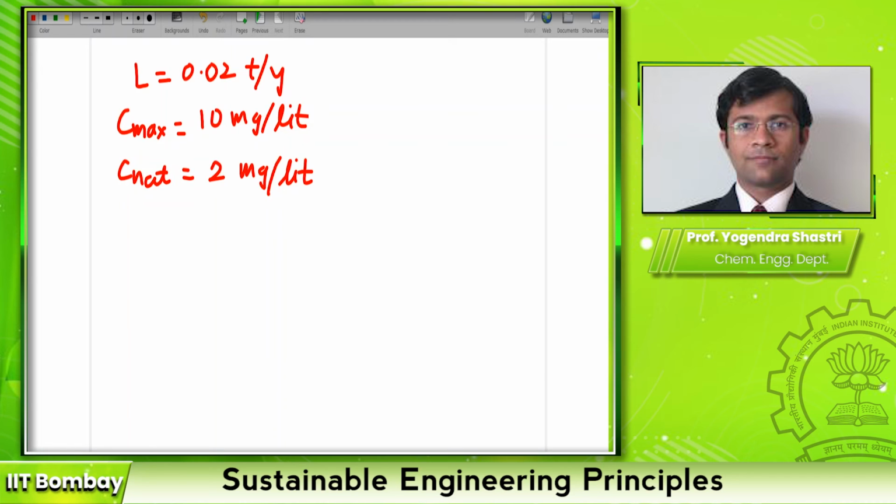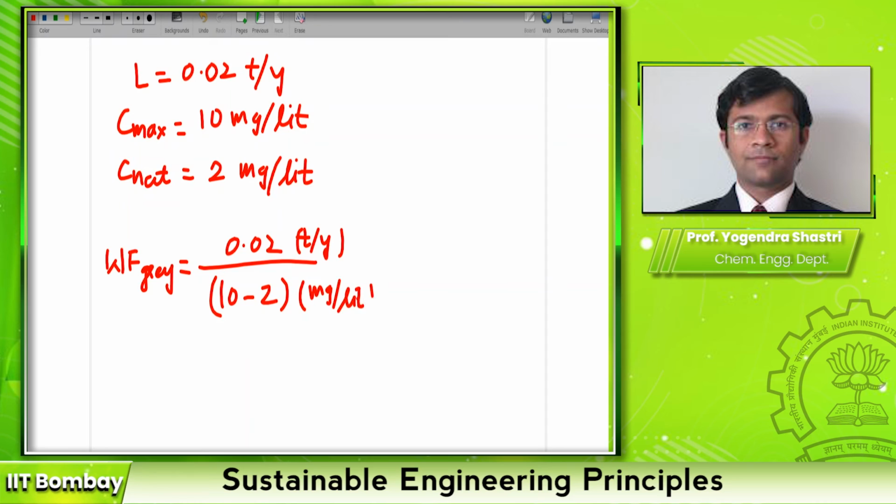Now if you do this adjustment, and the calculation procedure will be the same, the water footprint gray would be 0.02 divided by 10 minus 2 in the corresponding units of tons per year and mg per liter. And if you do the unit adjustments and complete the calculation, the water footprint comes out to be 0.0025 into 10 raised to 6 meter cube per year.